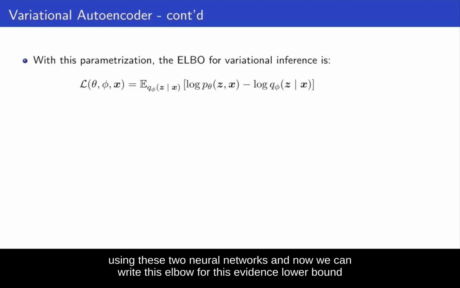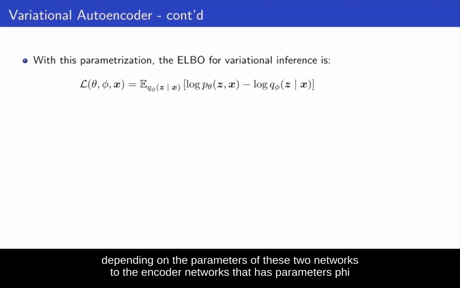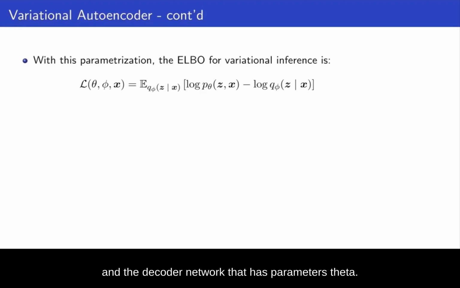And now we can write this ELBO, this evidence lower bound, depending of course on x, but also depending on the parameters of these two networks: the encoder network that has parameters phi, and the decoder network that has parameters theta.